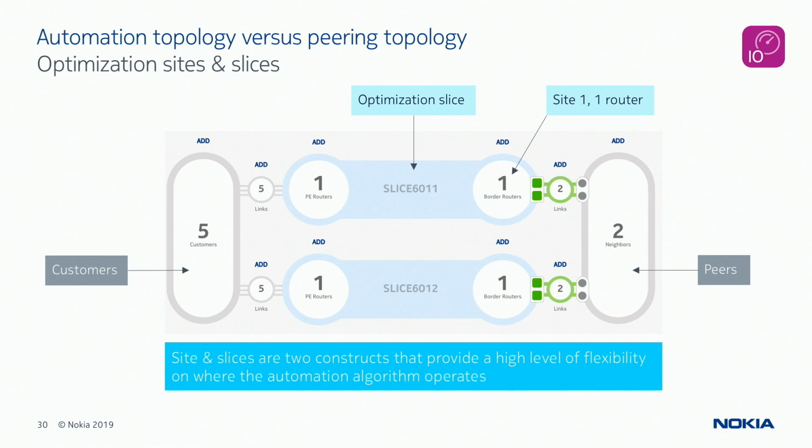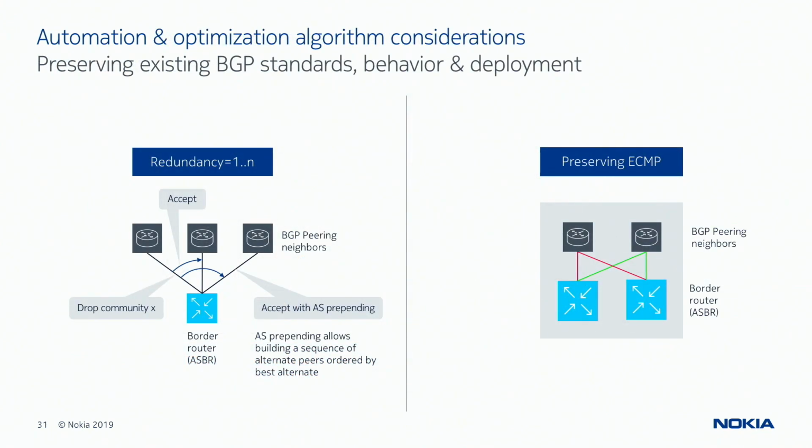But in the automation case, if you define the problem through an optimization slice, then your macro set becomes: move from slice 1 to slice 2, slice 3 to slice 4, and the algorithm will find out what actual changes need to happen in the network. So that concept has really helped in realizing the use case for inbound traffic.